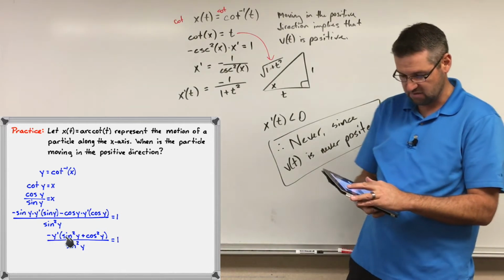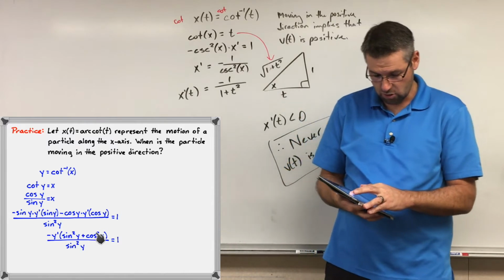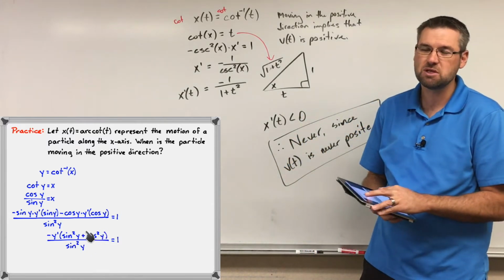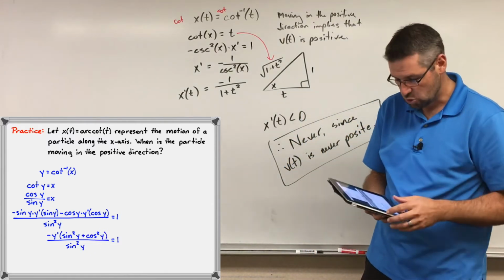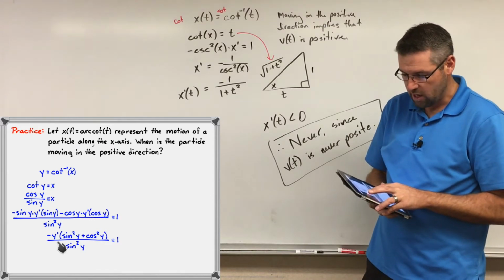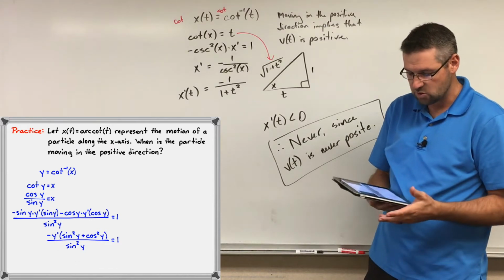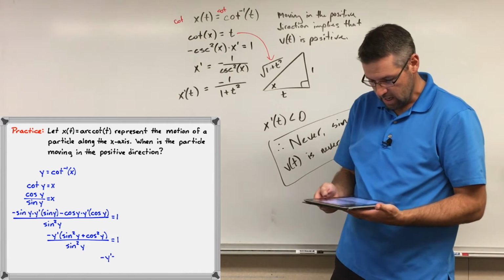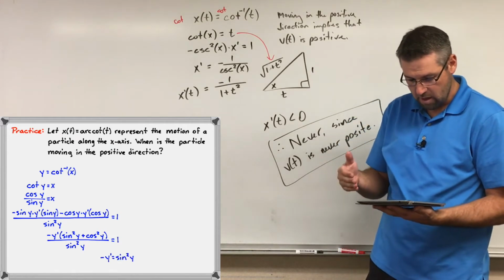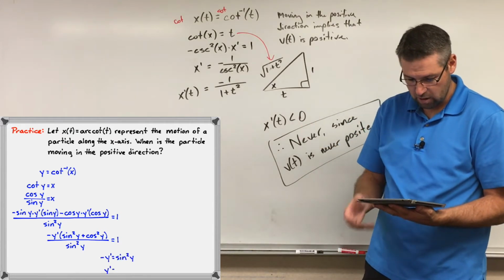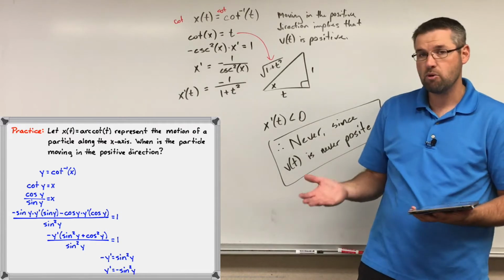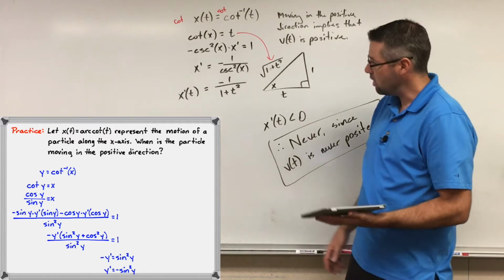And notice what I have. I have sine squared of y plus cosine squared of y. Well, sine squared plus cosine squared is 1. That's the trig identity. So since that's 1, I really just have y prime over sine squared y equals 1. And then isolating y prime, I would just multiply both sides by sine squared and divide by 1. So I'm left with y prime equals negative sine squared of y.